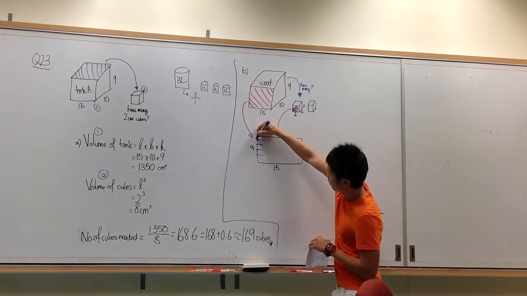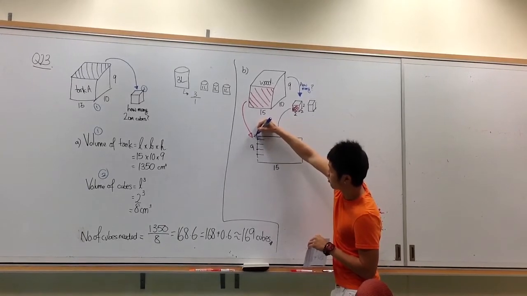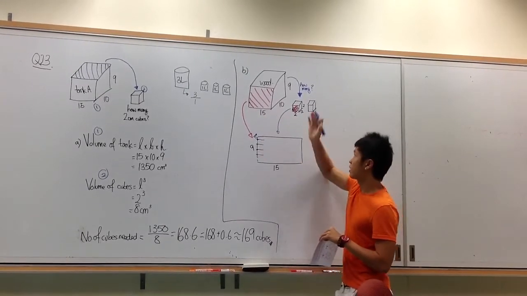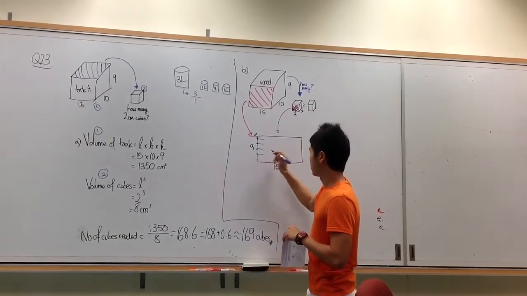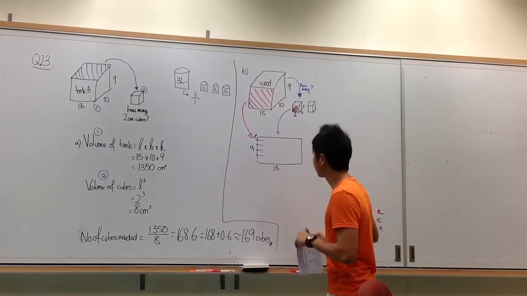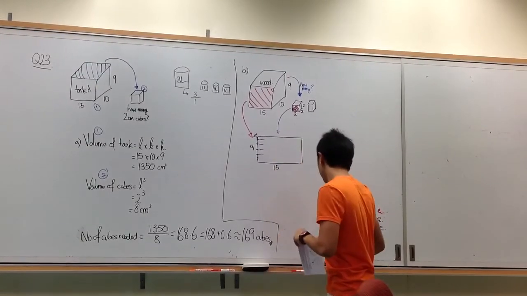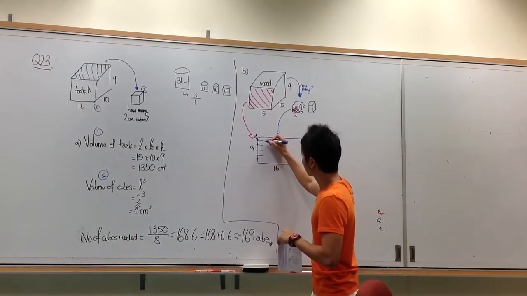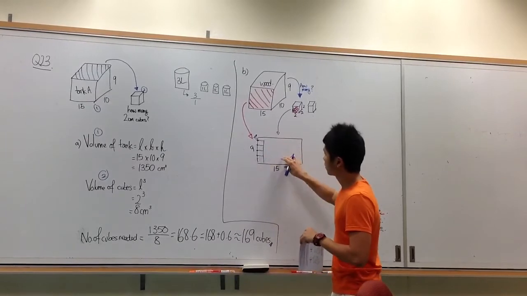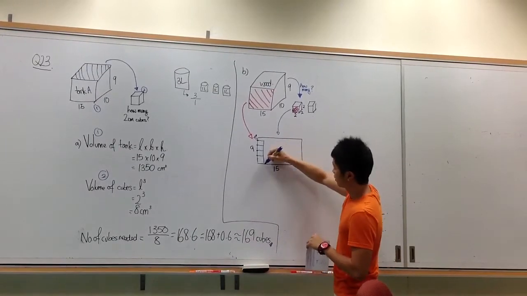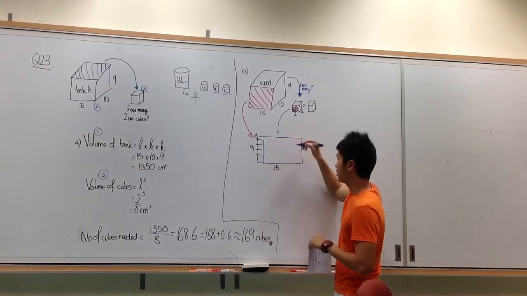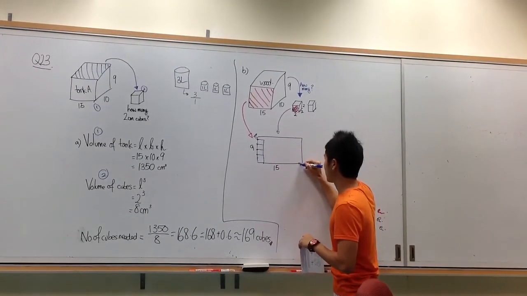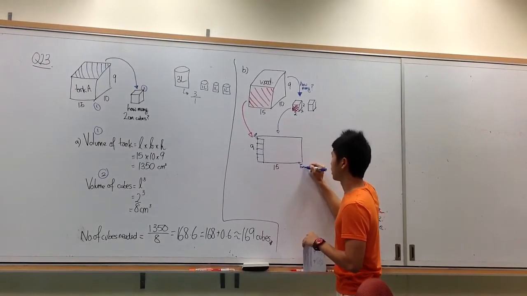So you have a remaining of 1 cm here that you can't cut anymore because it's less than 2 cm. If you do the same thing for your 15 cm side, you can get 7 because 7 times 2 is 14. And again, you'll have 1 cm left over here that you can't use.